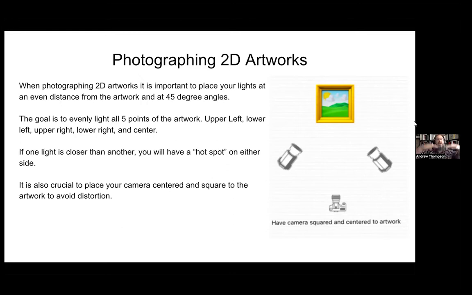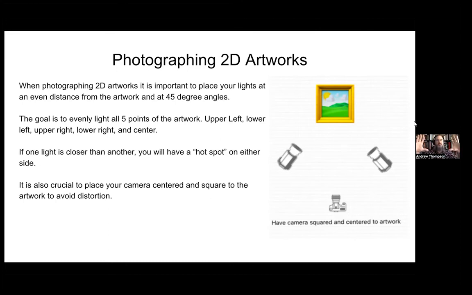I've even climbed ladders and had to suspend the cameras across 2 ladders so I can shoot down on a very large object. So that's where it gets tricky, is on the scale. But in terms of photographing it, it's really simple.